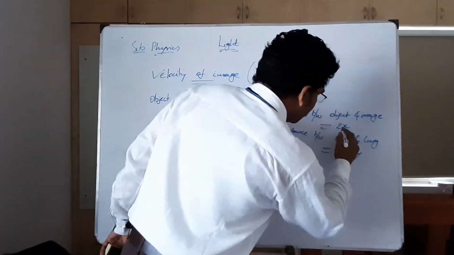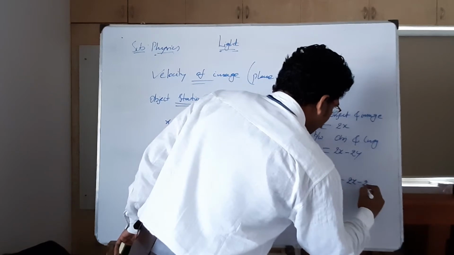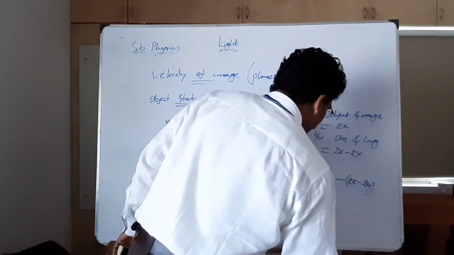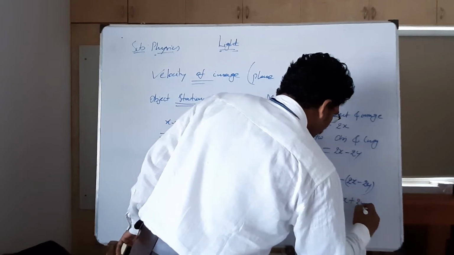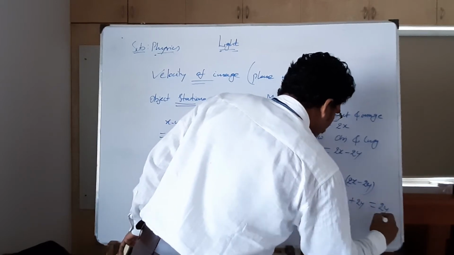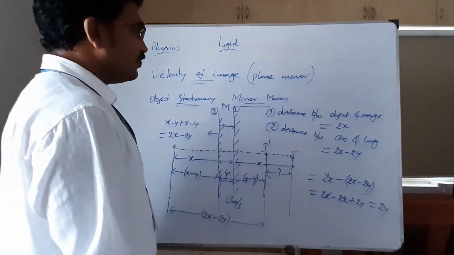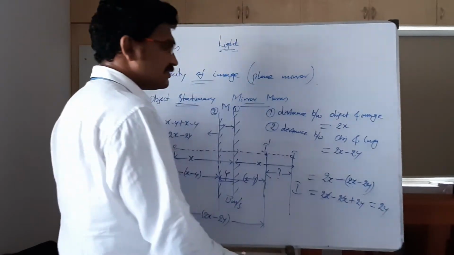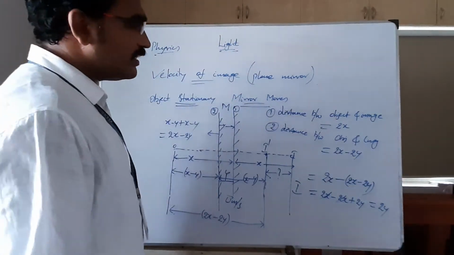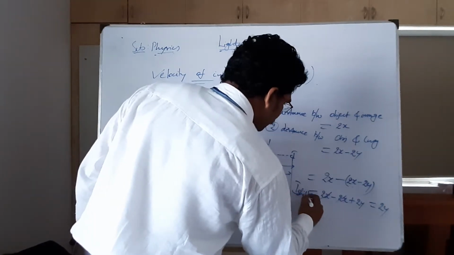I am going to calculate it: 2x minus 2y. Then it is going to be 2y, because the 2x is going to be cancelled. So this is the image shift.